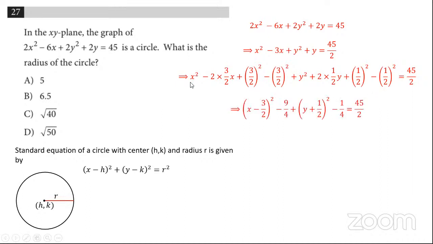So the first 3 terms are basically the expansion of x minus 3 by 2 the whole square, and minus 9 by 4, that is 3 by 2 the whole square is equal to 9 by 4. Now plus the next 3 terms, which are the expansion of y plus 1 by 2 the whole square, then minus 1 by 4 equal to 45 by 2.